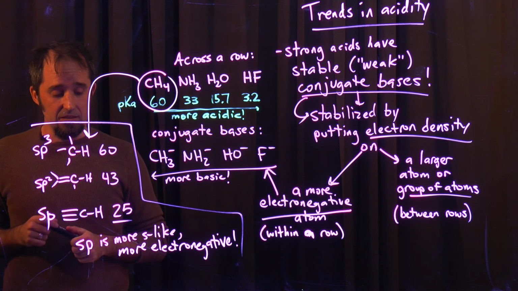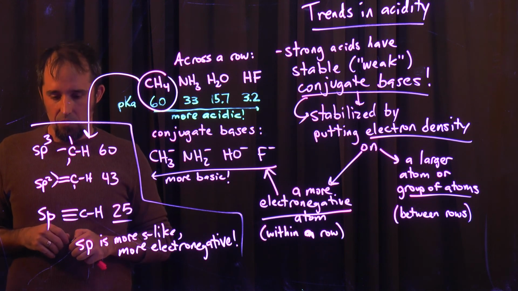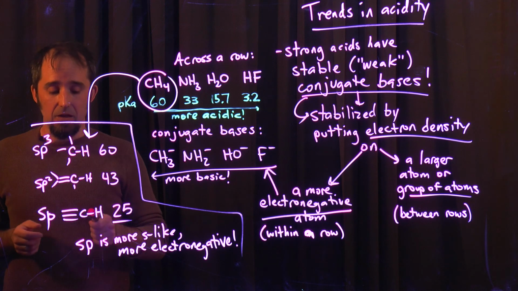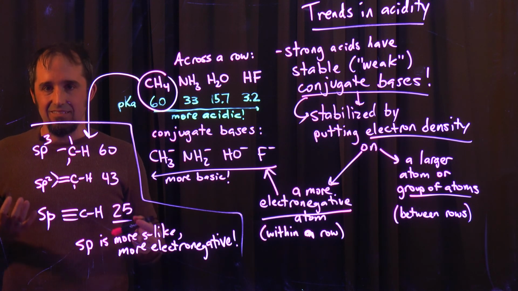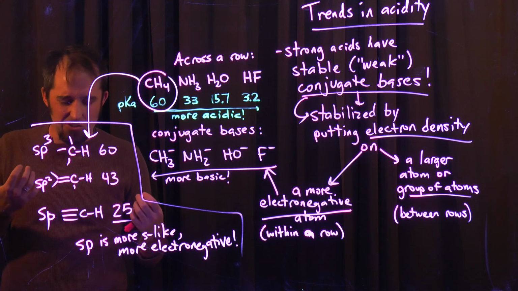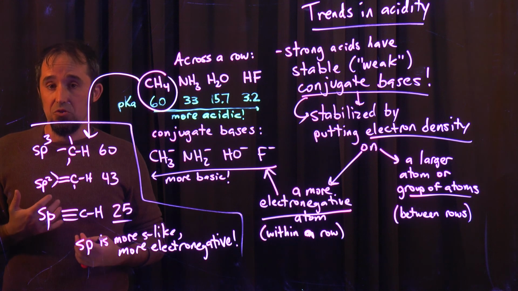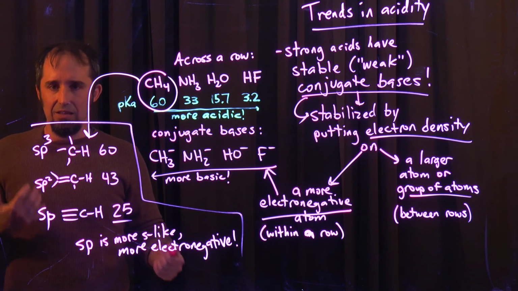So how should I think about this? Well, remember we talked about s character of orbitals. This CH bond is made from an sp orbital in carbon. Those sp orbitals are more s-like and have more s character, and so those electrons are held more tightly to the nucleus. So here, the sp is actually more electronegative.